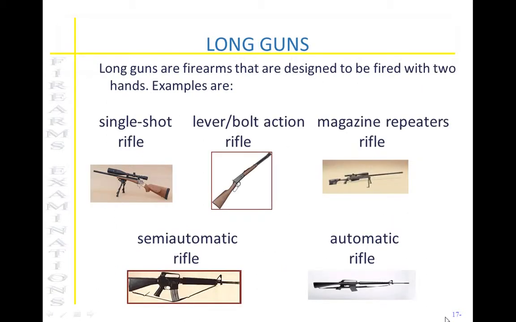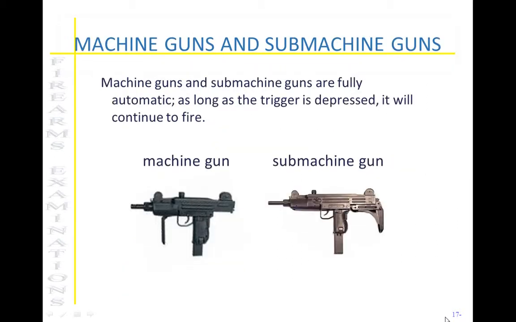There are also long guns that are rifled, and these are designed to be fired using two hands. This slide also contains several examples of long guns. And then the final gun that is considered a rifled gun is a machine gun and a submachine gun. These are fully automatic. As long as that trigger is depressed, it's going to continue to fire.